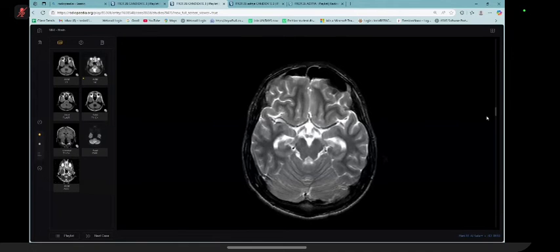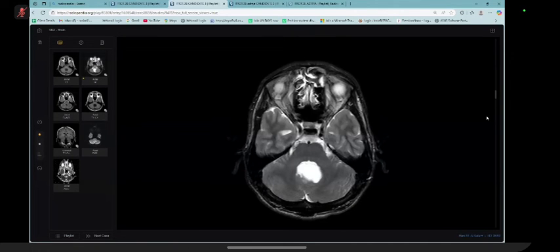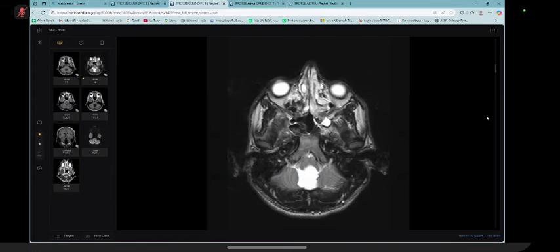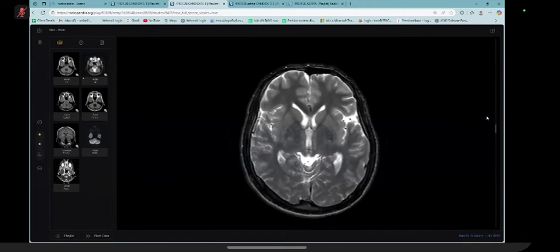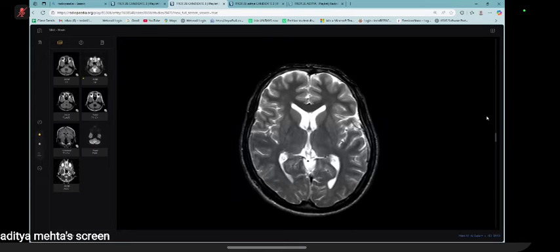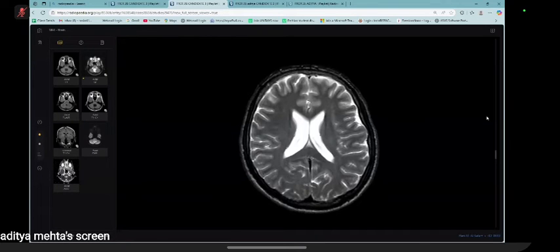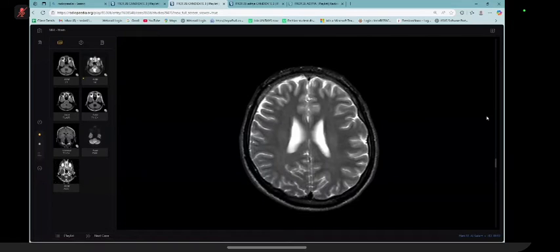So there is evidence of hydrocephalus, which I will consider an emergency. This is abnormal. I want to look for the signal of this lesion in other sequences, in FLAIR and diffusion sequences.